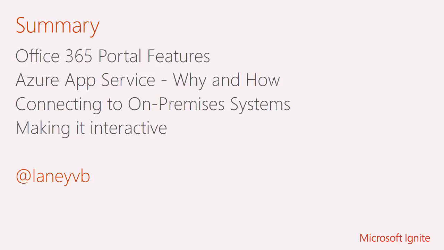But not only can we use that Azure App Service to provide a bit more scalability, and provide that custom experience where I can brand any way I want and have full control over what's going to pop up on that homepage, I can also use those Azure capabilities to connect through to on-premises systems.